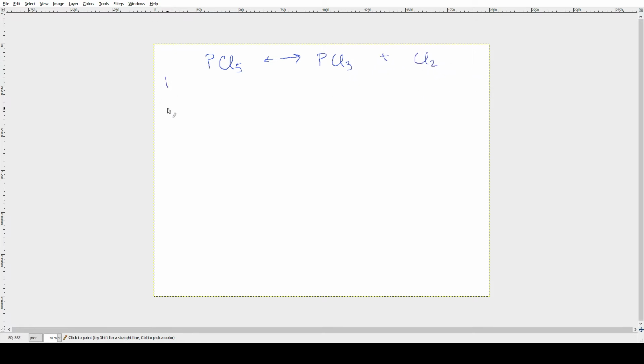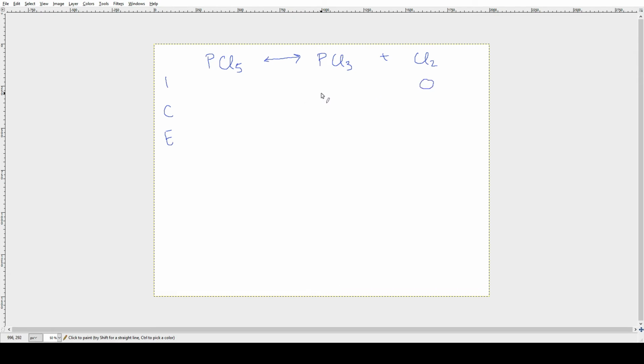I want ice down the side. Plug in my givens. They told me the initial concentration, so our flask initially contained PCl3 and PCl5, but not chlorine.